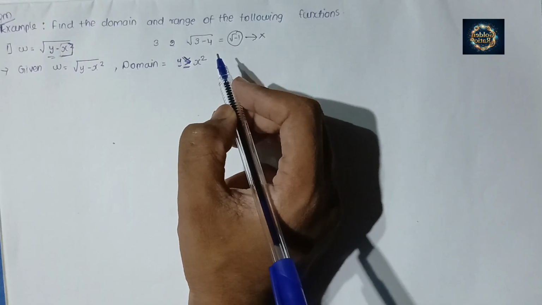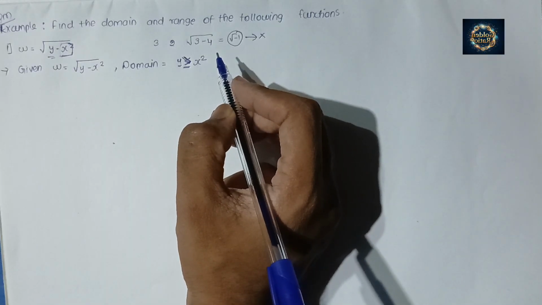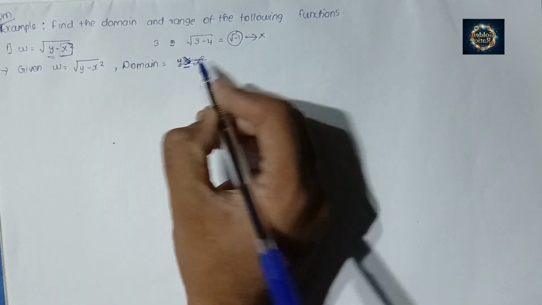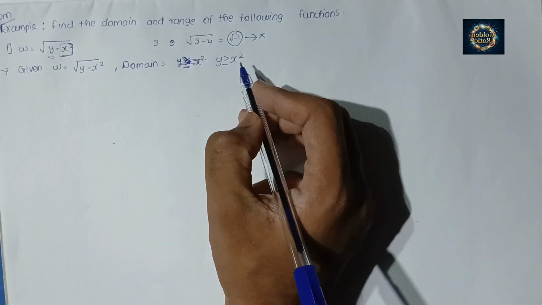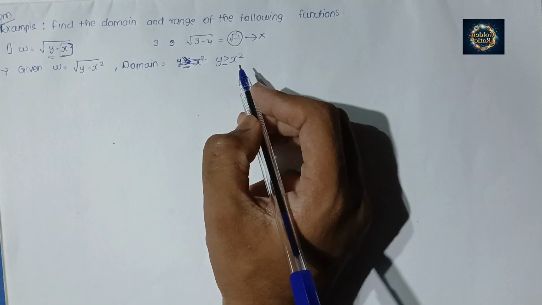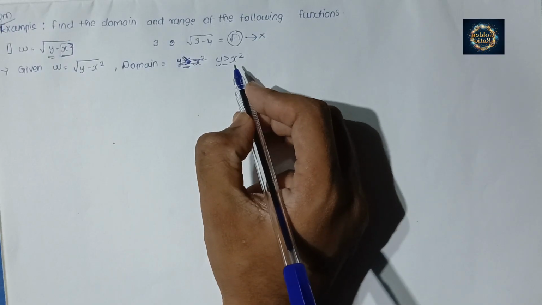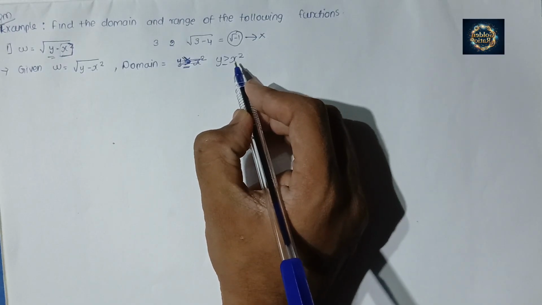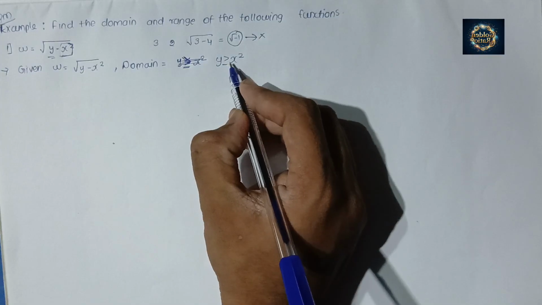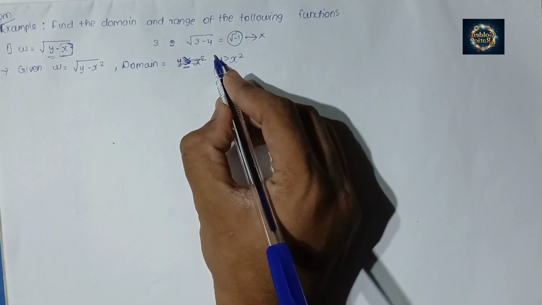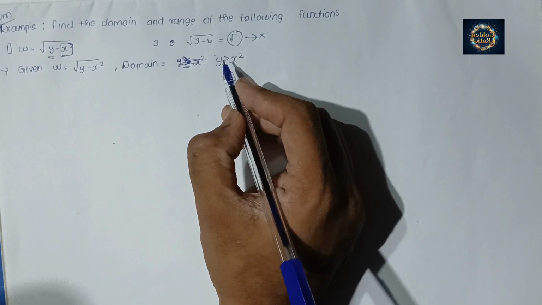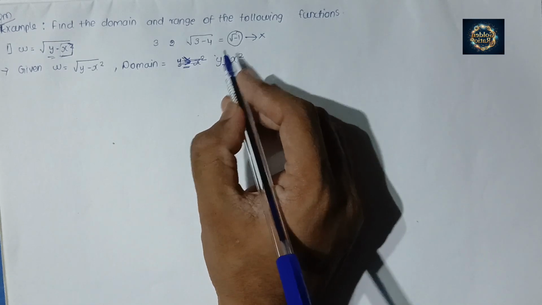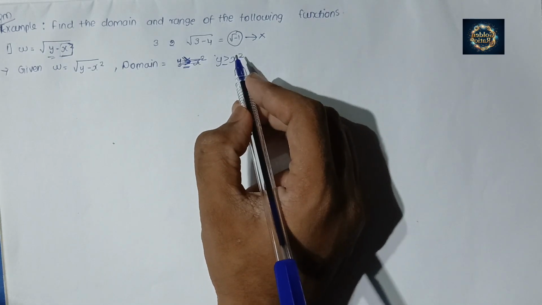The under root answer can be 0, but it cannot be negative. So this is our domain. According to this, the given numbers should be such that for both x and y, x square must be less than or equal to y. It cannot be greater. If it is greater, it leads to negative square root numbers, so it is not defined under the domain and range.